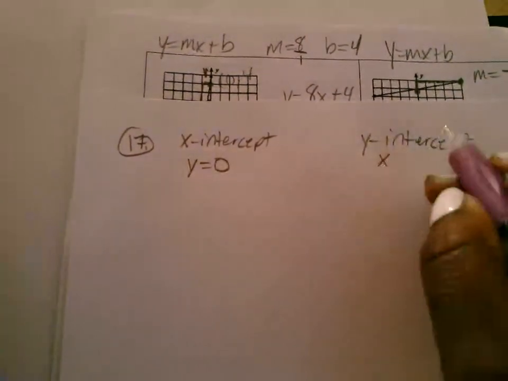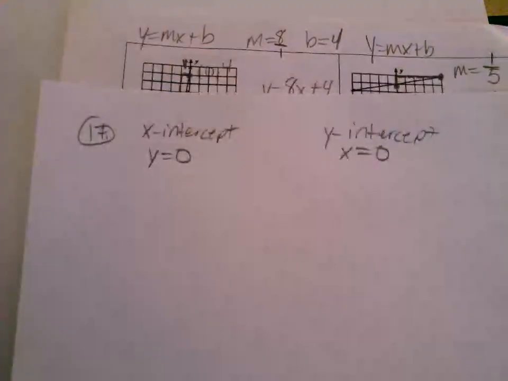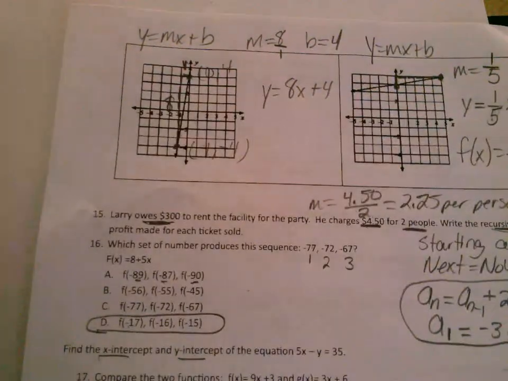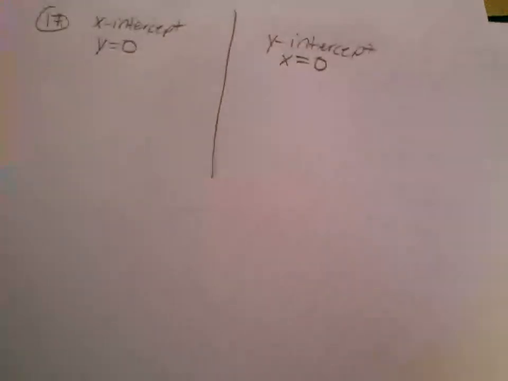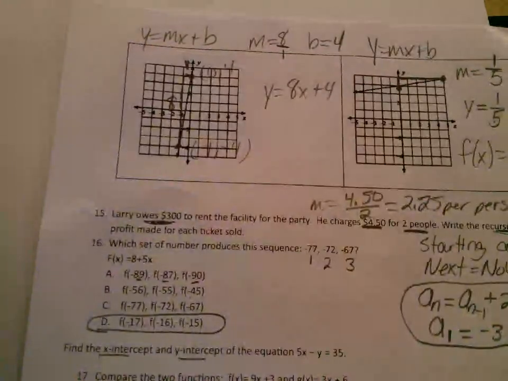When you're finding the y-intercept, where the line crosses the y-axis, the x is equal to 0. So now we're going to write the equation and substitute. The equation is 5x minus y is equal to 35.